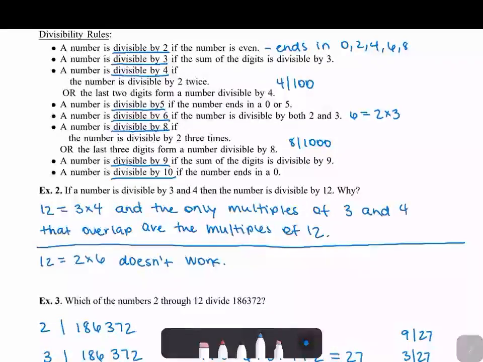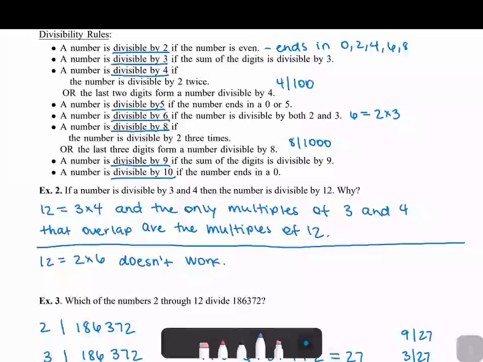Because 2 divides 6, every multiple of 6 is also a multiple of 2. In particular, you can think of this a little bit easier: any multiple of 6, 6, 12, 18, 24, 30, 36, those are all even. So every multiple of 6 will be even, so therefore every multiple of 6 will be a multiple of 2.